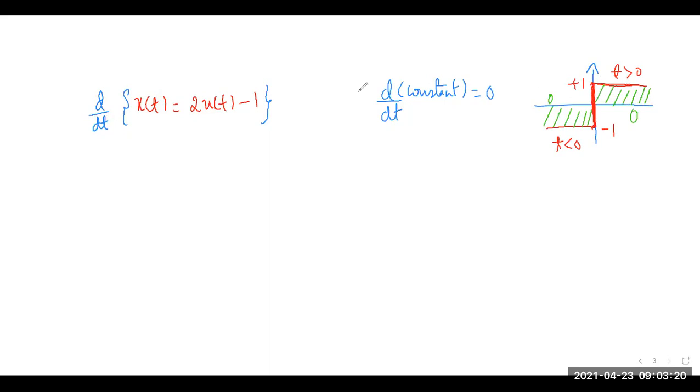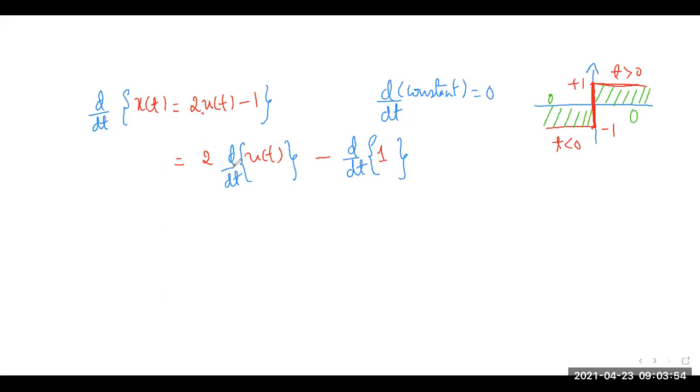So right after differentiating this, because 2 is constant, I can take it outside of differentiation. d by dt of u of t, again d by dt of 1, with a minus sign in between.